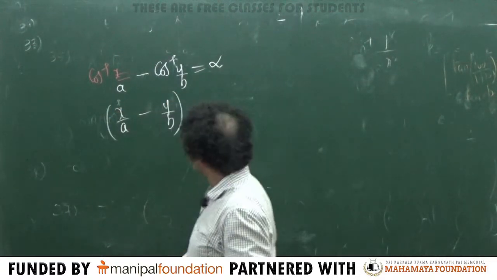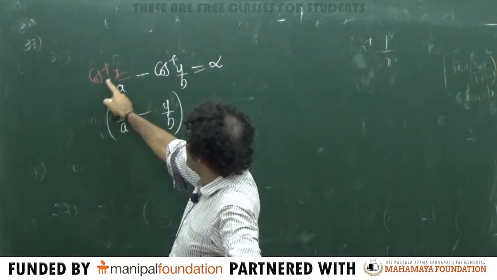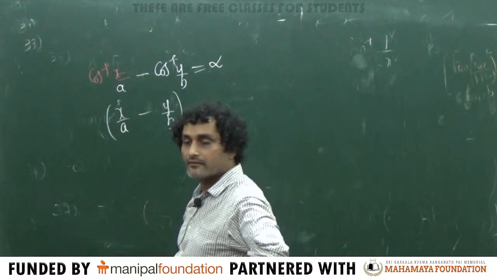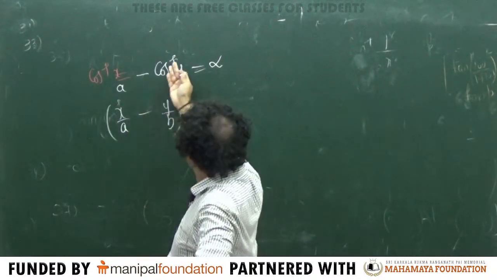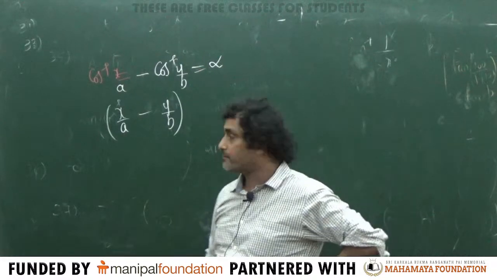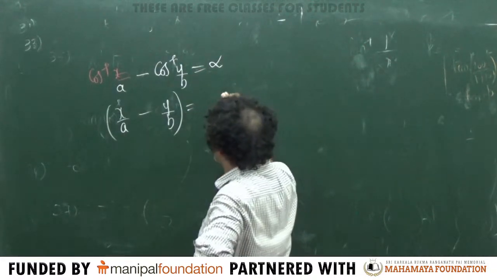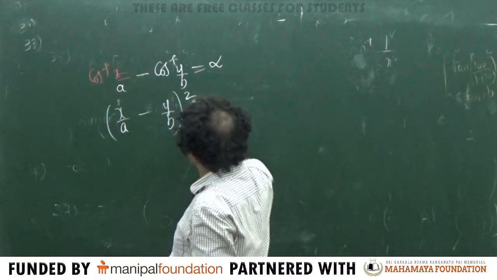If cos inverse x by a is theta, then cos theta is x by a, and this will be y by b, correct? This is what you have. Square it, okay?